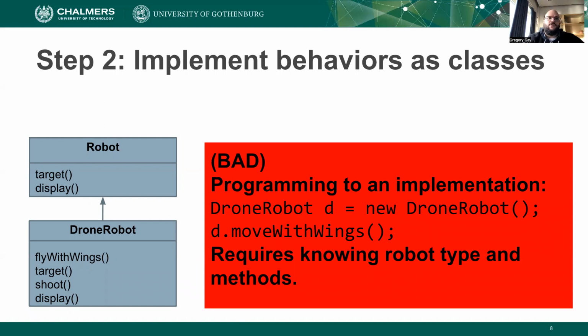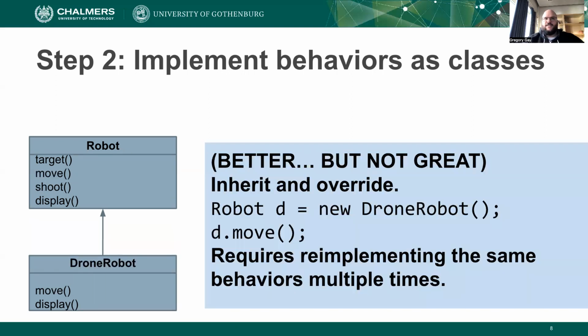We need to know it's a drone and we need to know it offers this move with wings method. That's not great. What if we want to design code that could work with any robot? That doesn't really work because we have to know the specific robot. So this isn't really what we want yet. Okay, so now, of course, we could go back to stating the robot has move and shoot methods and override them.